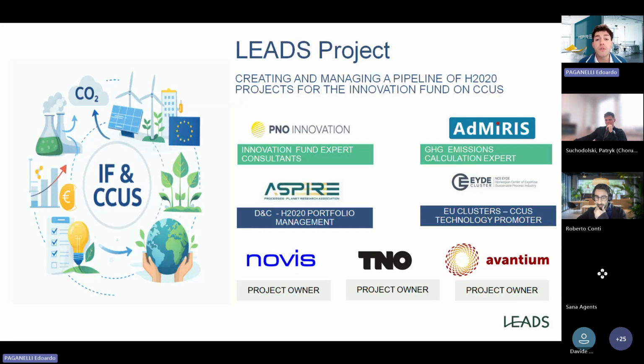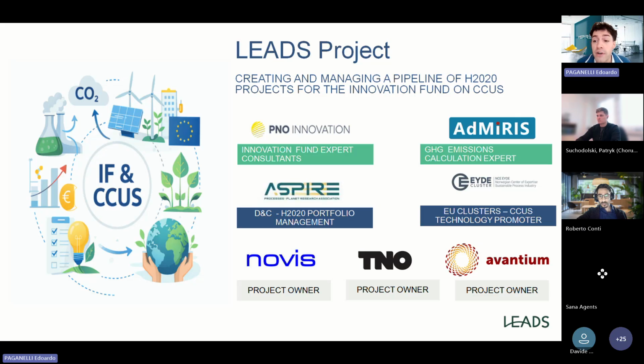Right now, I will just give you some background information on the main objectives, goals, and characteristics of the LEADS project. The essential scope of our project is that of creating and managing a pipeline of Horizon 2020 projects for the Innovation Fund with a specific focus on CCUS. Our consortium is composed of 7 partners. It is led by P&O Innovation, which leads the LEADS project.